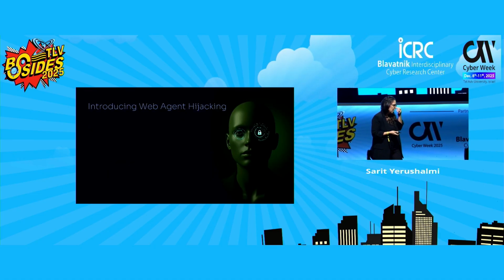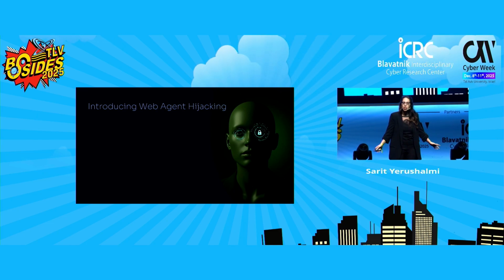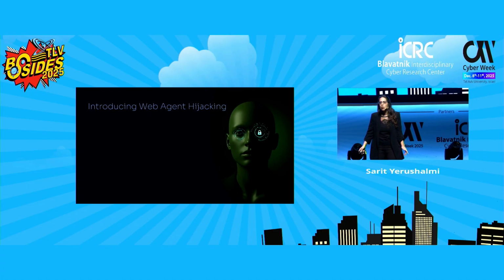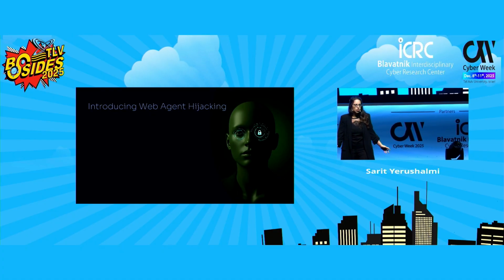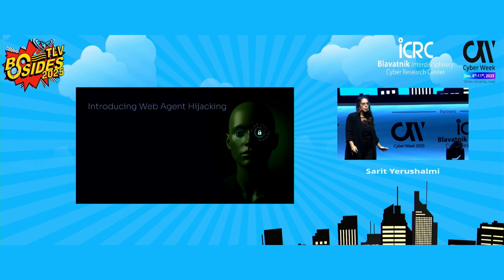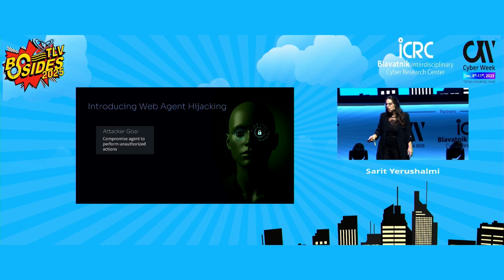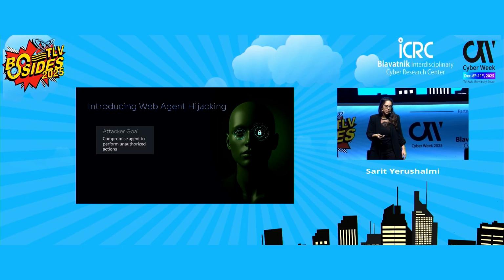Now, as researchers, we always look for the dark side. And after seeing what these agents can do, we wanted to understand something simple: can we trick them? Can we manipulate the agent into doing the wrong stuff, something that it was not supposed or intended to do?